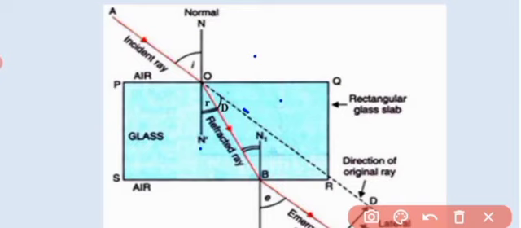That is what normally happens when light travels from a less dense medium to a denser medium. Air is less dense compared to glass. When light travels from a less dense medium to a denser medium, it bends towards the normal, and when that happens, we say refraction has occurred.